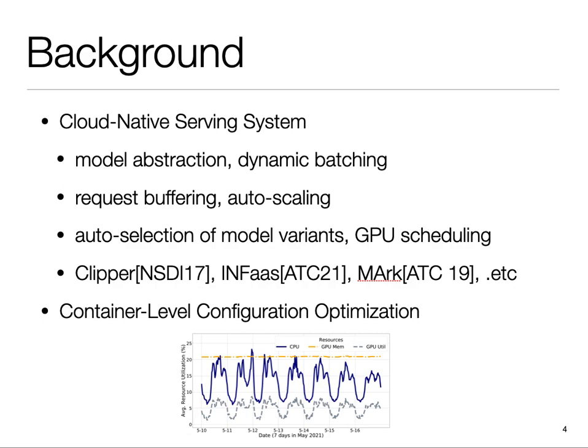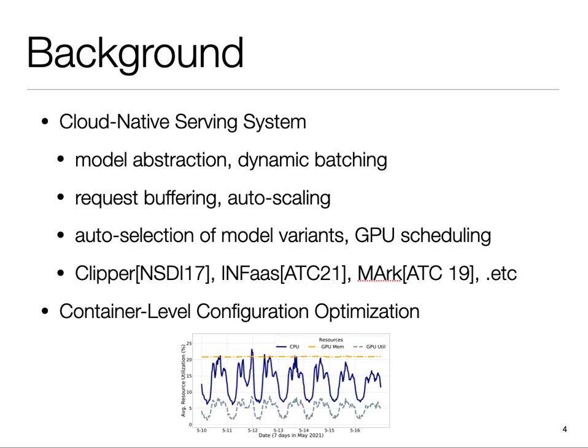However, we find that efficiently deploying inference services in the cloud is still challenging. Specifically, given a trained model, the cloud providers also need to specify the resource allocation and runtime parameters for each model serving container. For example, we observed that in a production cluster at Alibaba, an inefficient model serving configuration results in very low resource utilization.